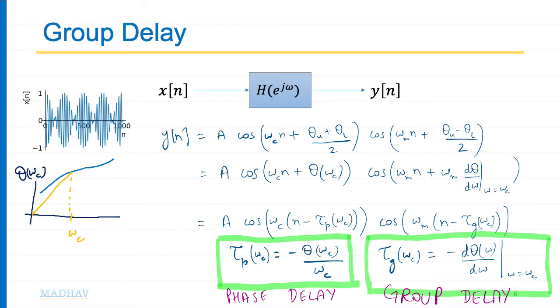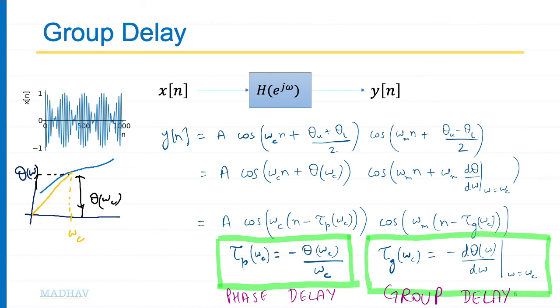I should not have written omega c here. It is just omega. Now this height will be theta omega c, right? And this base is omega c, so this tan theta is theta omega c upon omega c.